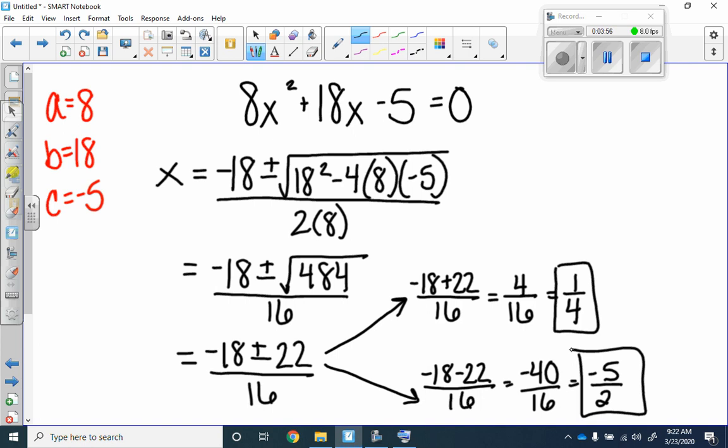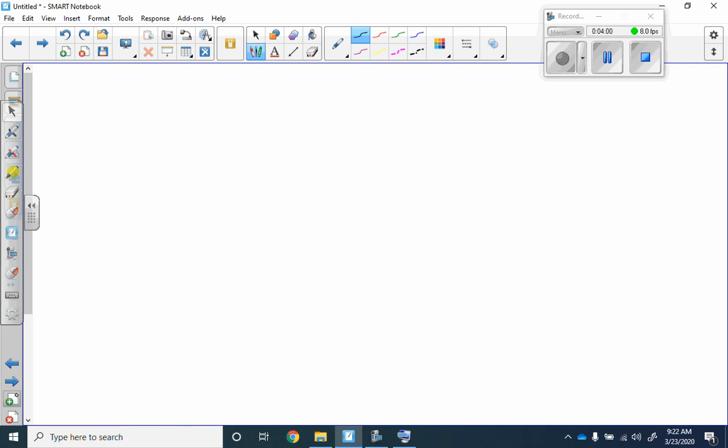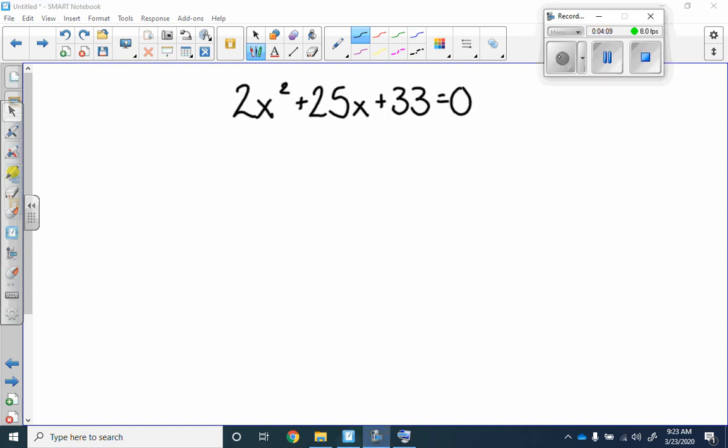All right, let's try another one. All right, here's the example that I'm going to go ahead and use. So a is equal to 2, b is equal to 25, and c is equal to 33.